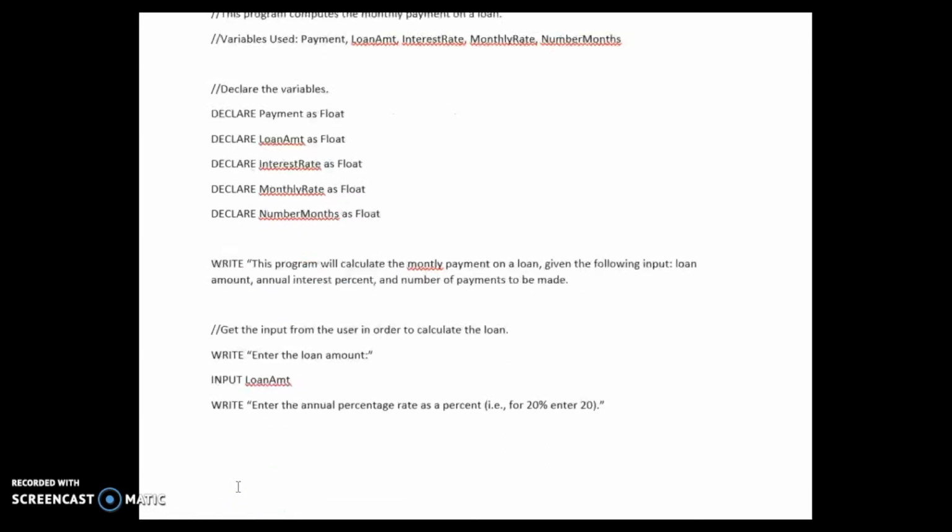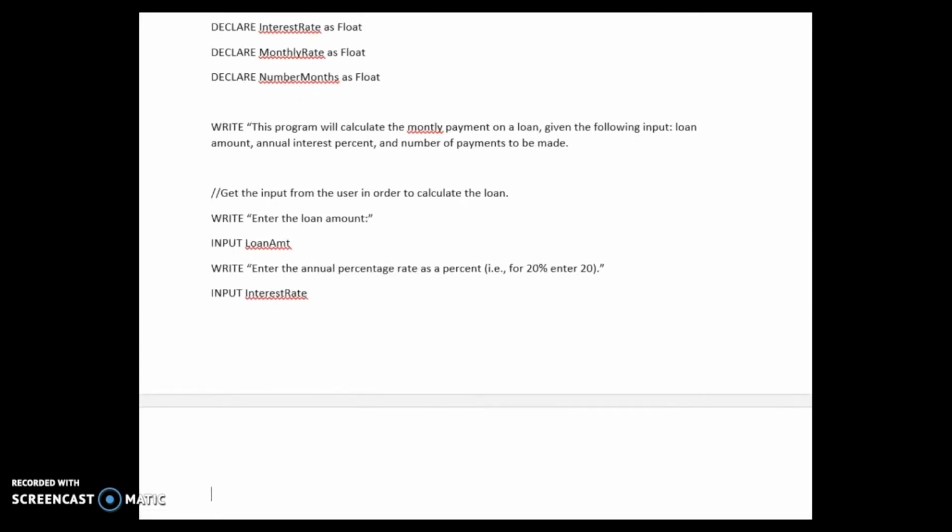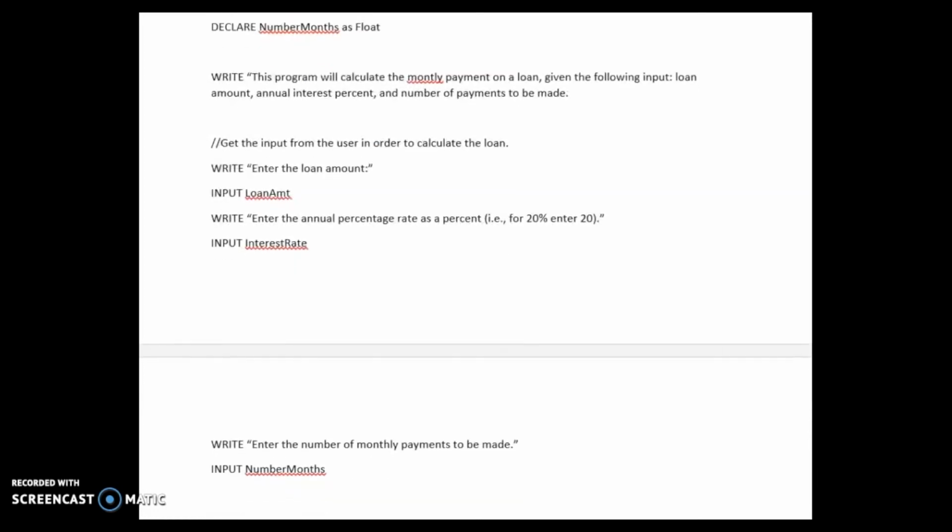No semicolon or no colon. Then I'm going to input again, that's interest rate. And then I'm going to write again, and input. Okay, so now I have all the information that I need.